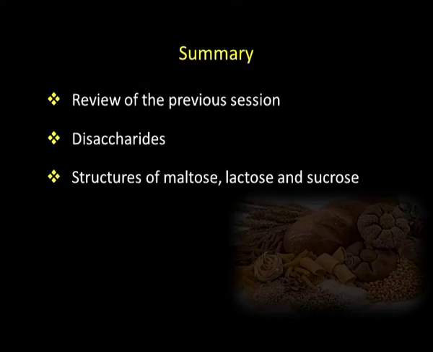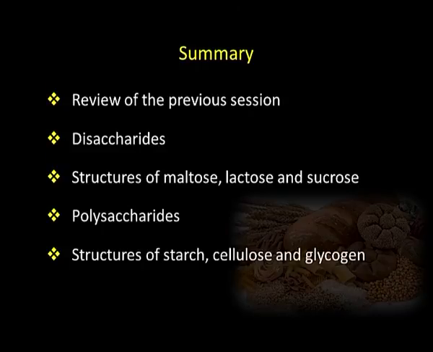Then we discussed the structure of some disaccharides, maltose, lactose and sucrose. We talked about polysaccharides, we discussed the structure of starch, cellulose and glycogen, and finally we compared the sweetness of some sugars. Thank you.